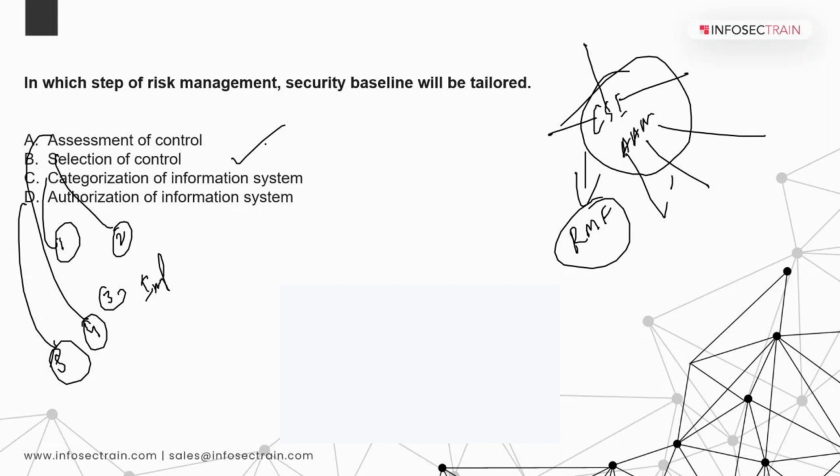So same thing happens in any organization. If you want to implement any control, you have to tailor as per your requirement, right? So baseline tailoring always happens in your selection of control.